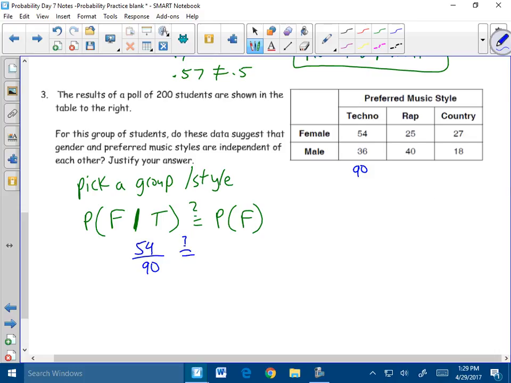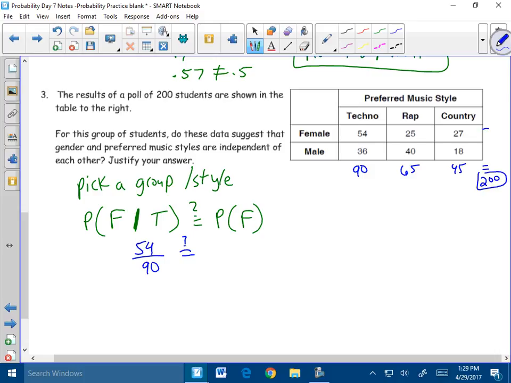Okay, so I want to figure out that a student selected at random, the probability that that student is a female. I've got to get the totals. So if you add up the rap column, 65, add up the country column, 45. If you add 90 plus 65 plus 45, you end up getting 200 for the total.